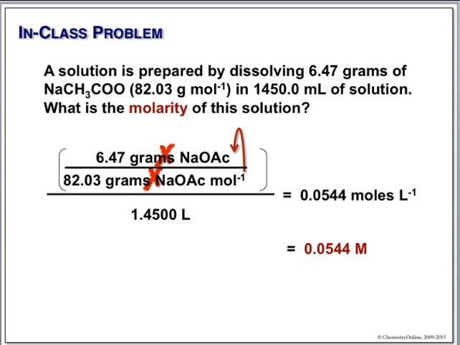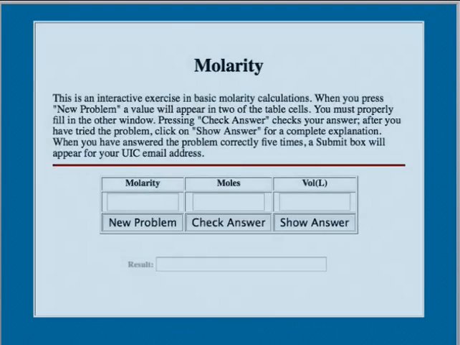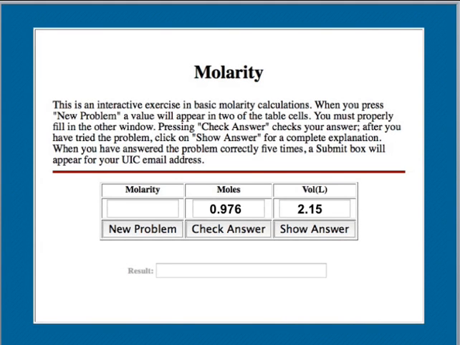Let's skip ahead here to the molarity tutorial. There are 2 of them. Again, this is the table version. We are given the number of moles. We are given the number of liters. Here we simply have to calculate molarity. Remember, molarity is going to be moles divided by liters.